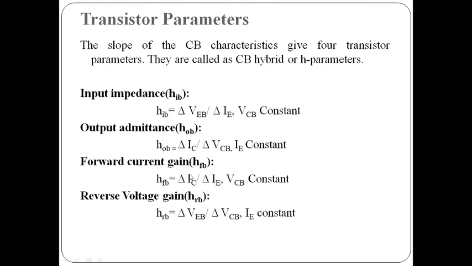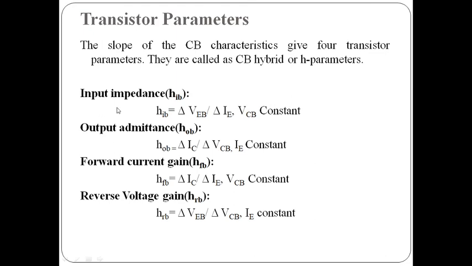This forward current gain can be calculated from the output characteristic curve. The last is the reverse voltage gain, HRB, which is equal to the change in the emitter base voltage to the change in the collector base voltage with IE kept constant. All these 4 parameters have different ranges.